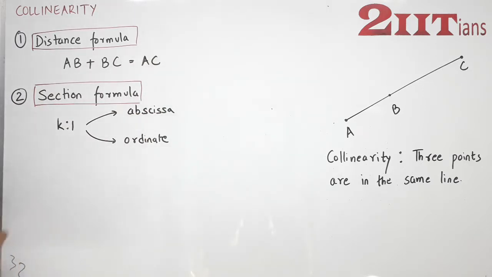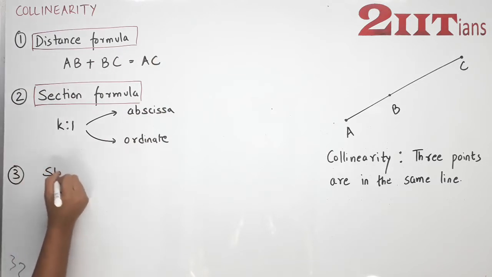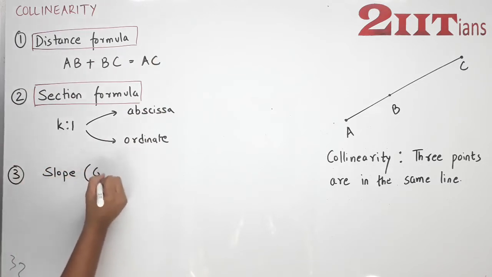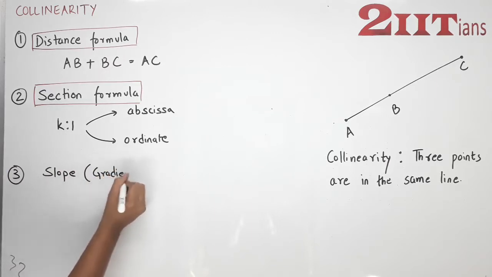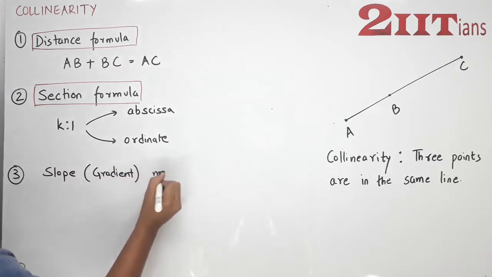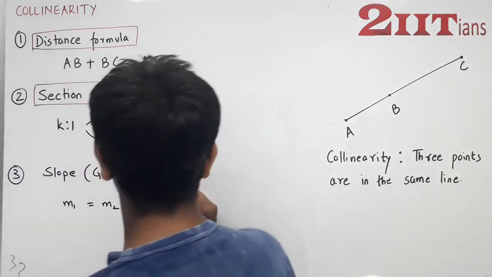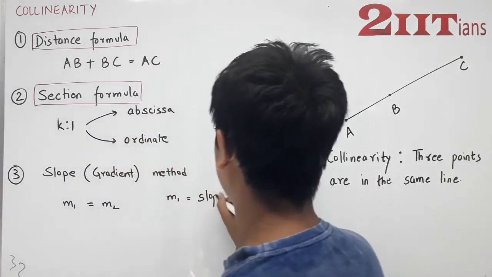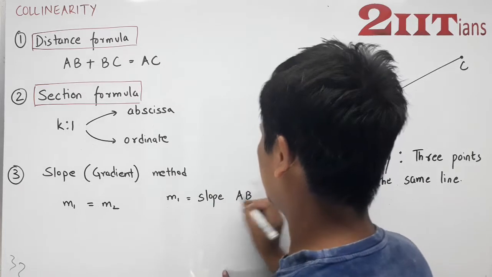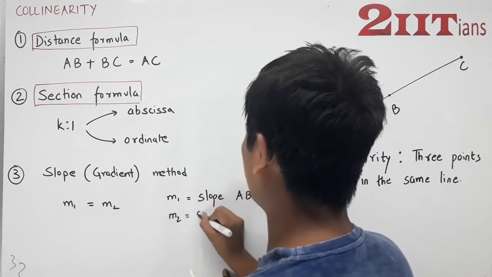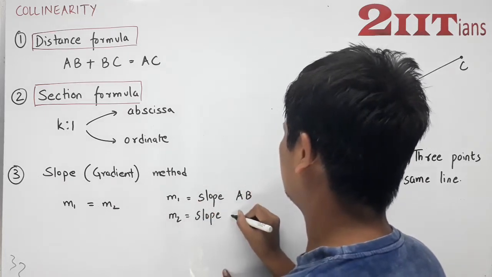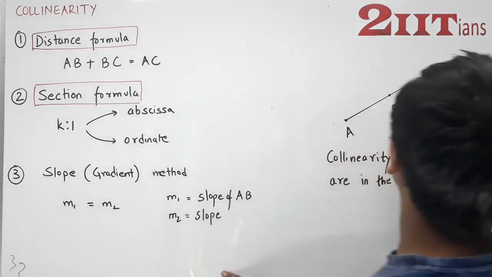Okay, the third method is slope method. Slope, or some people call it gradient method. Okay, here we will prove that M1 is equal to M2, where M1 is slope of AB and M2 is slope of BC.